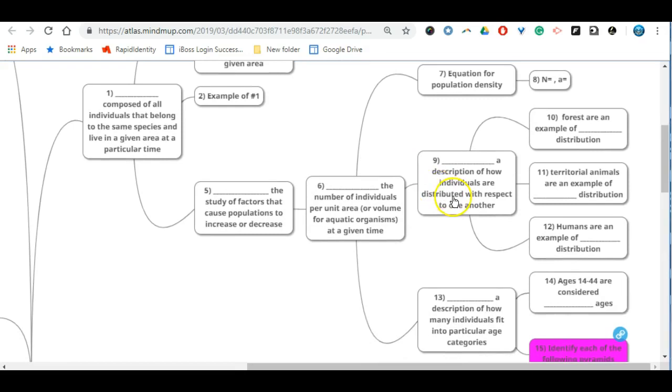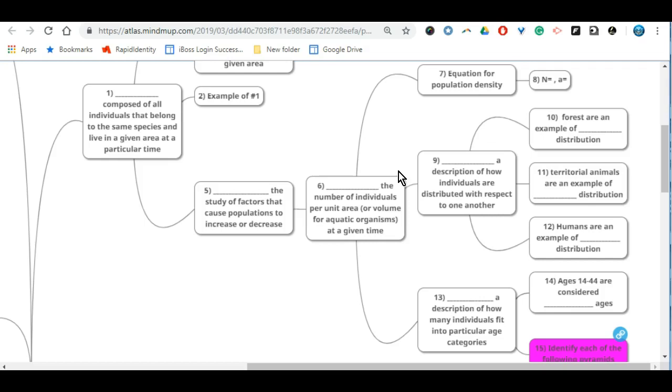Moving over to number 9, a description of how individuals are distributed. This is clumped, uniform, random, and again, just make sure you're able to pair it up to each of these, which I'm not going to go through. One of the things to pay attention to is that these two do not impact one or the other. For example, you could have 5 individuals in a kilometer squared with random assortment.